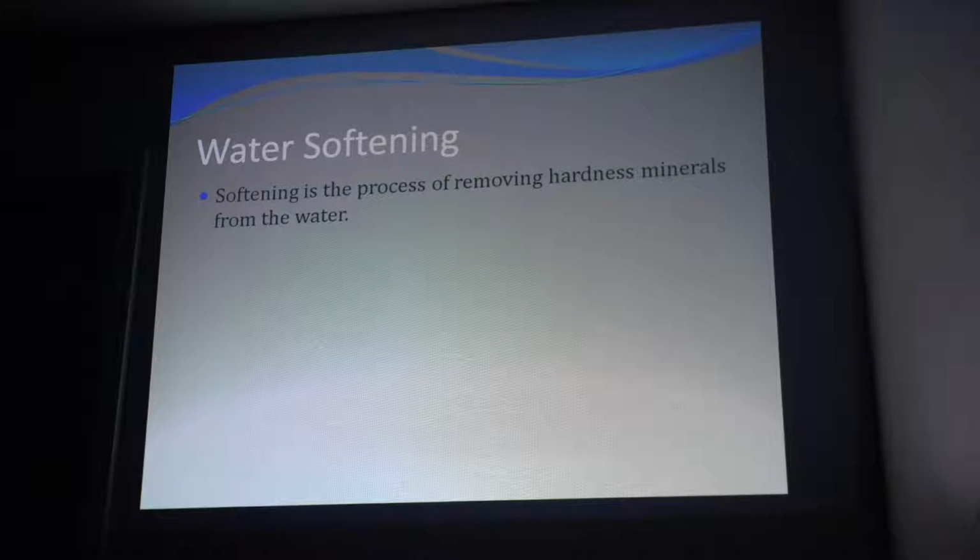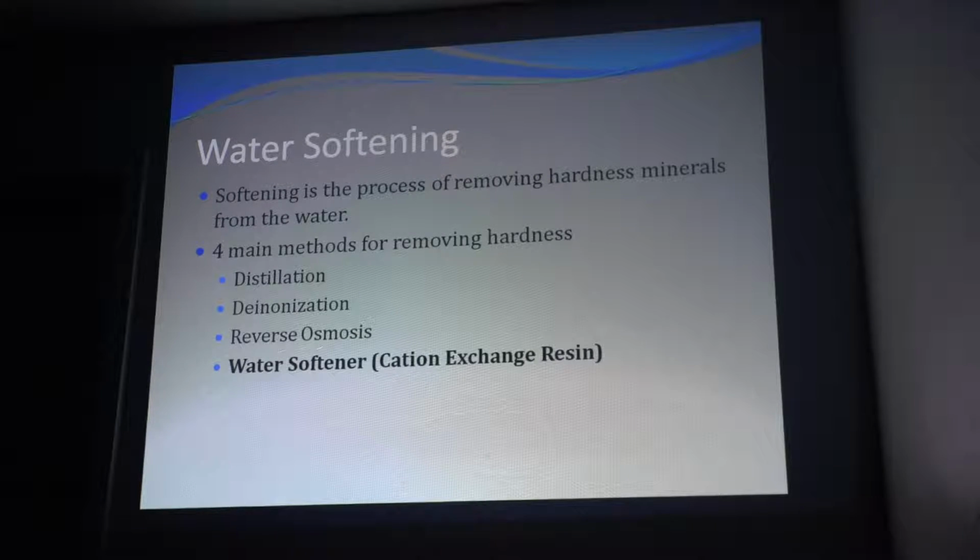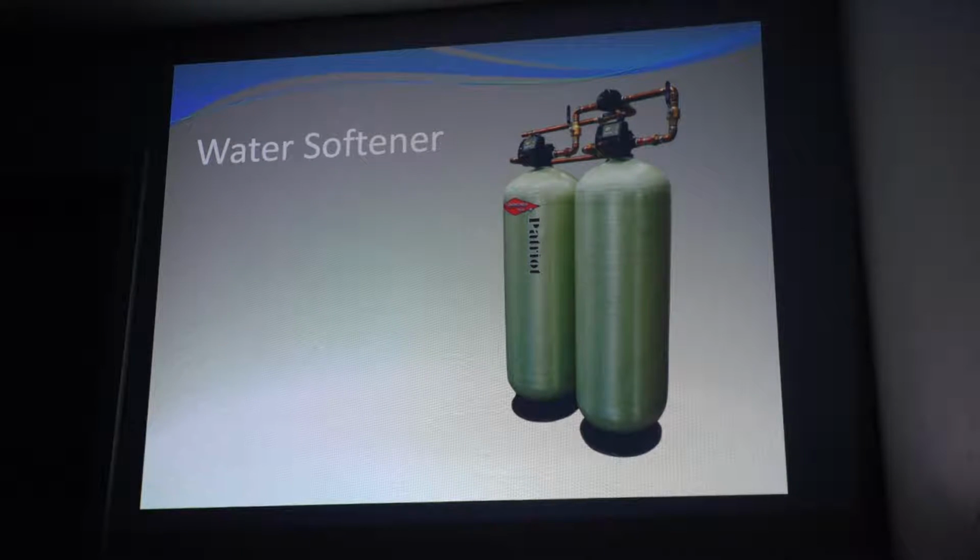Softening is the process of removing hardness minerals from the water. Four main methods of removing hardness. We display it here, but in bold letters is what we use: the water softener via the cation exchange resin. The other three techniques are for another presentation.